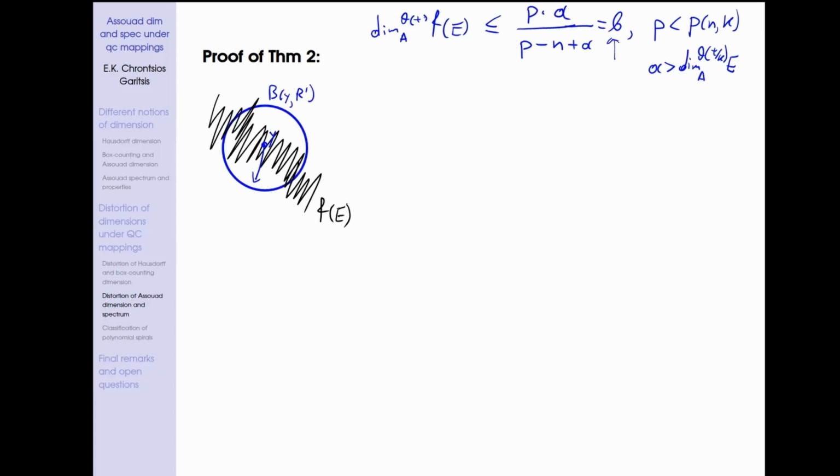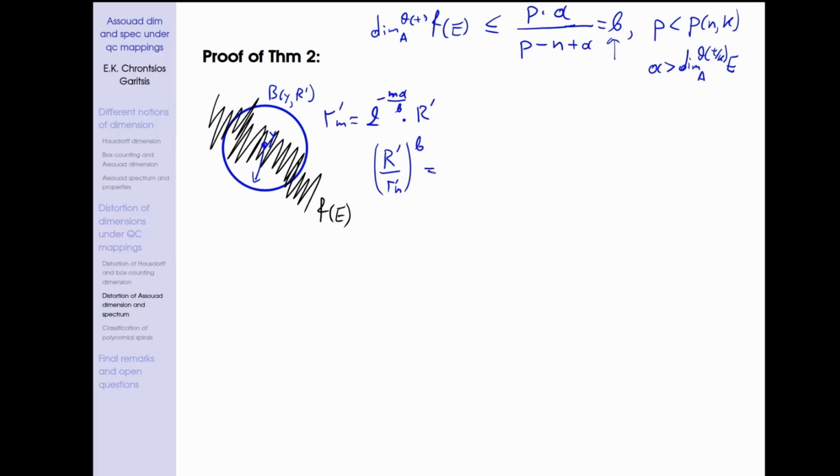Now we can start working on this by choosing specific scales, and the scales that are convenient for our arguments are 2 to the minus m times alpha over beta times r prime. If we look a bit into the future, we will be getting this sort of thing to the beta. This is what we would like to get.